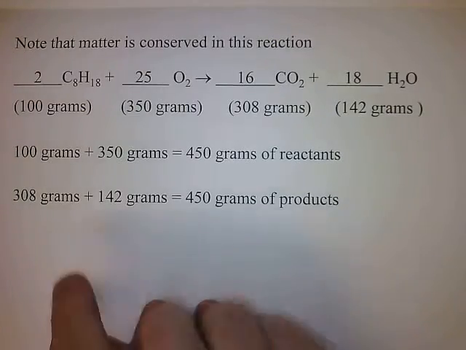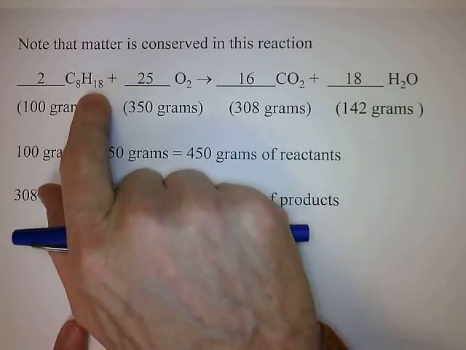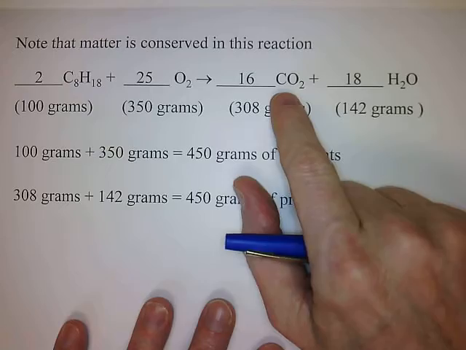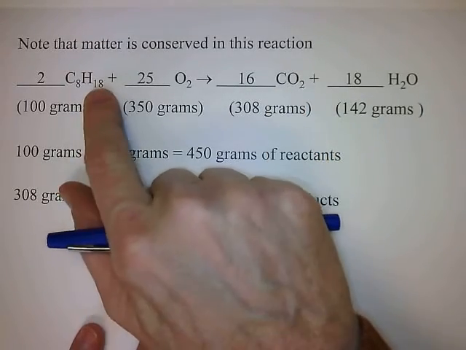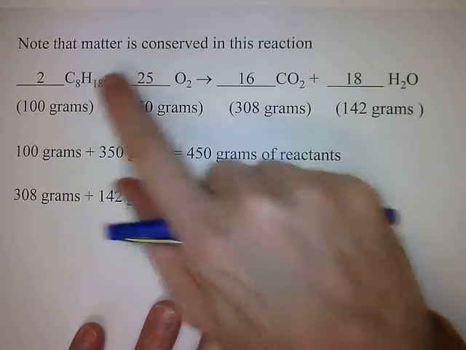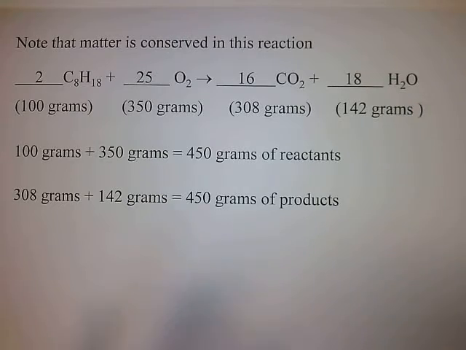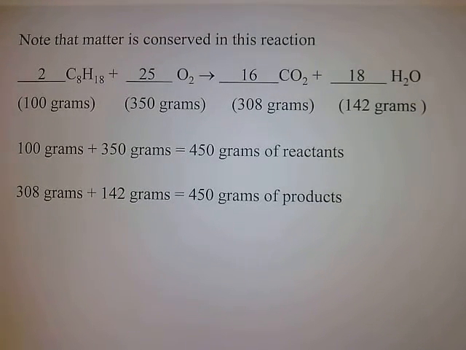Here the carbon is tied up with the octane, and here it's tied up with the CO2. And here the hydrogen is tied up with the octane, and here it's tied up with oxygen. But we have the same number of atoms on both sides of the equation.